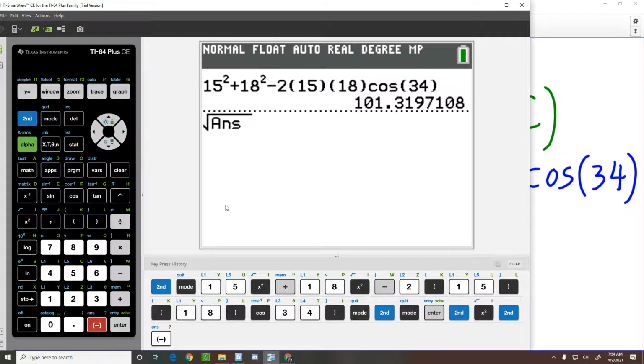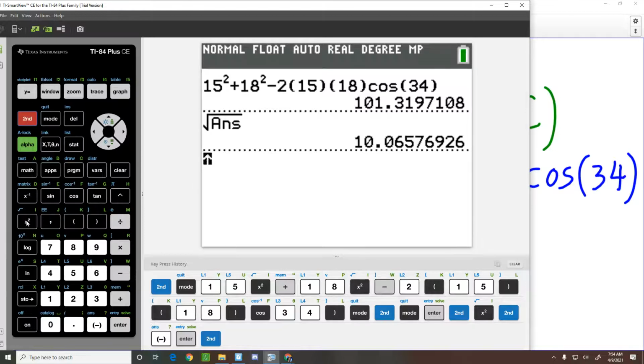This is the most accurate way you can get an answer without worrying about rounding too early in your problem. Remember with the law of sines on Wednesday, some of you got slightly different answers than what I had because you rounded one or two steps earlier with the sine of an angle, or you took off too many decimal points. By doing this, you're going to get a more precise answer.